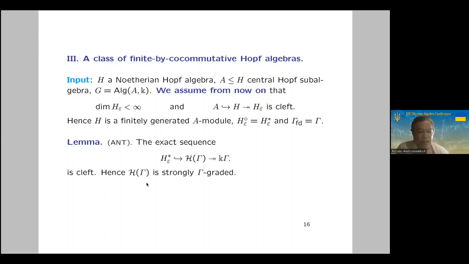And using the cleftness, we can prove that the dual exact sequence H epsilon dual, H gamma, K gamma is again cleft. In particular, this shows that H gamma is strongly gamma-graded by the result of Ulbrich and by Totoki and Takeuchi, because cleft implies H-Galois, and H gamma in this case implies that it is strongly graded.